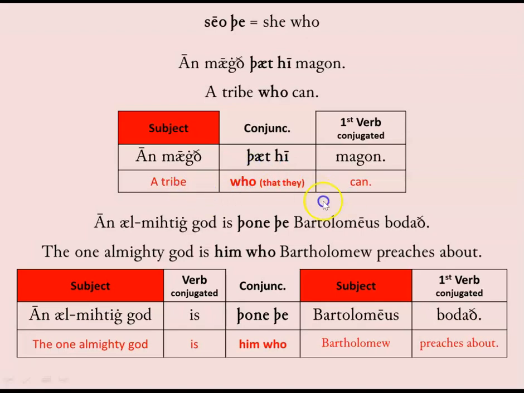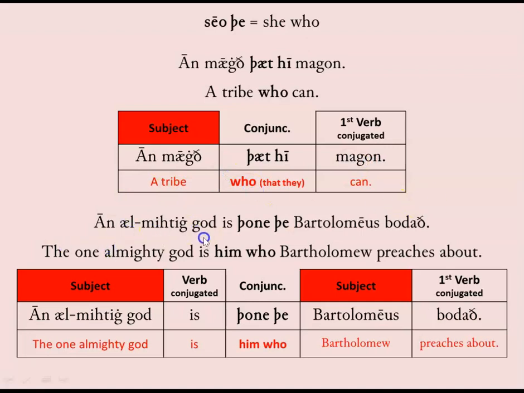A tribe who can, or a tribe that they can. A tribe who can in modern English. So you can also have se, seo, and that. Remember se is a masculine demonstrative, seo is the feminine demonstrative, and that is the neuter demonstrative. So an mægth the he machon, a tribe who can.